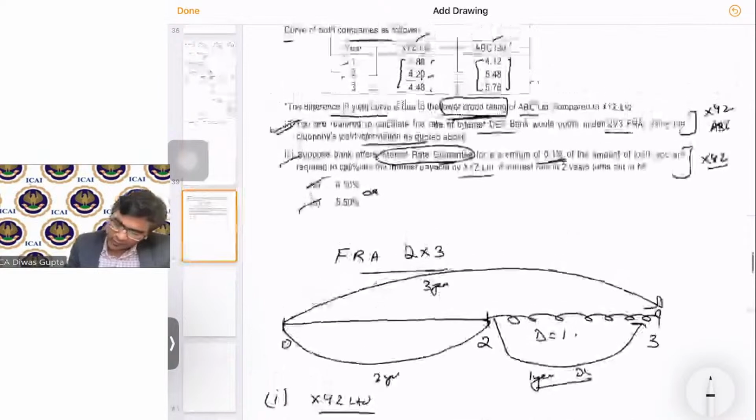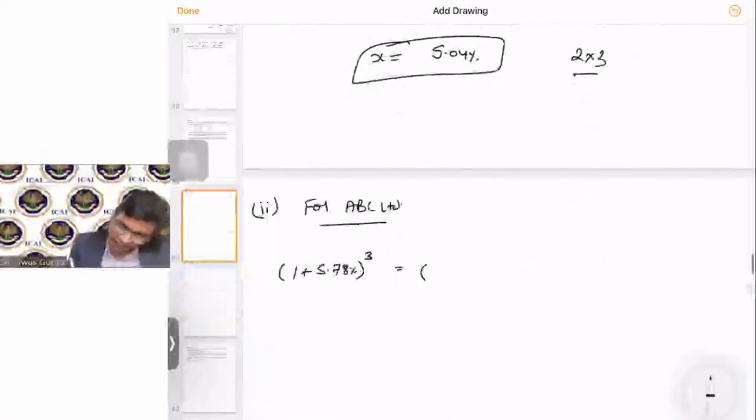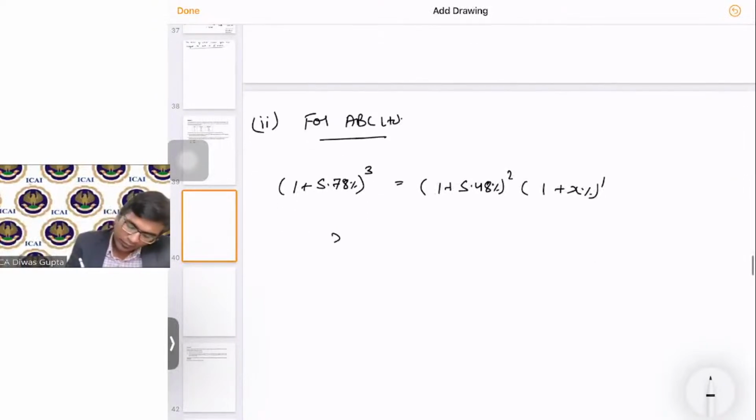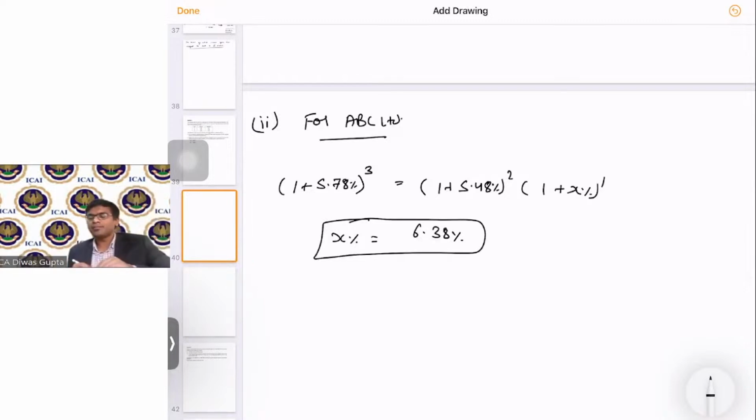What is 2 years? 5.48. 1 year? 6.38 percent is the rate given by the bank for again 2 by 3 FRA for ABC Limited.